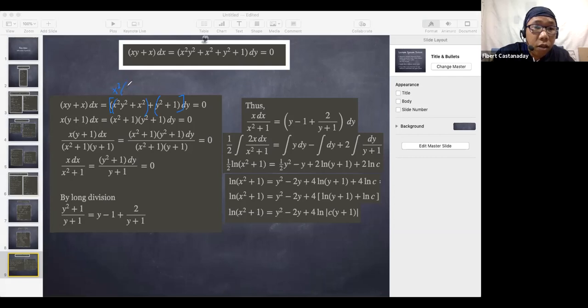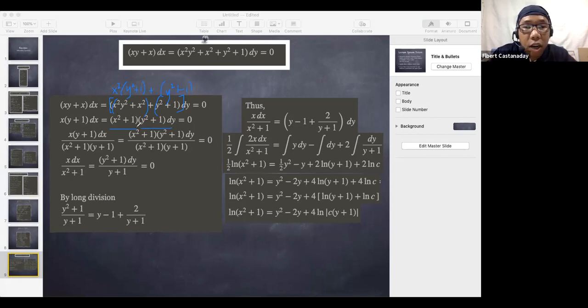And here you have y squared plus 1. And then sa second term natin, you also have y squared plus 1. Ayan, so you can factor out y squared plus 1, giving us this expression. And then you have x squared plus 1. Okay, so naka-factored form na sila.